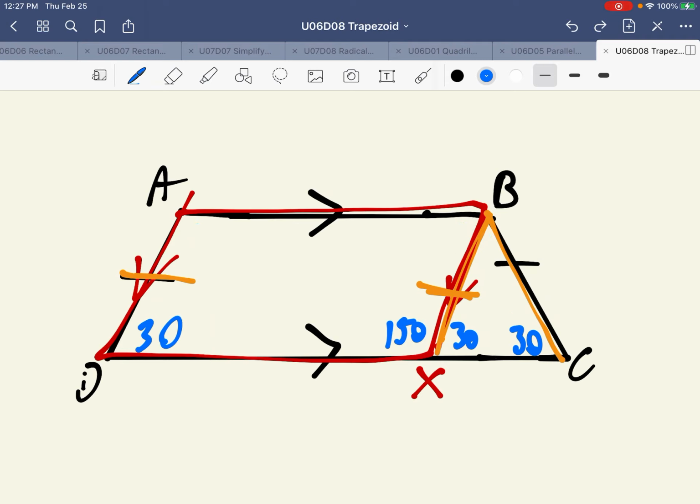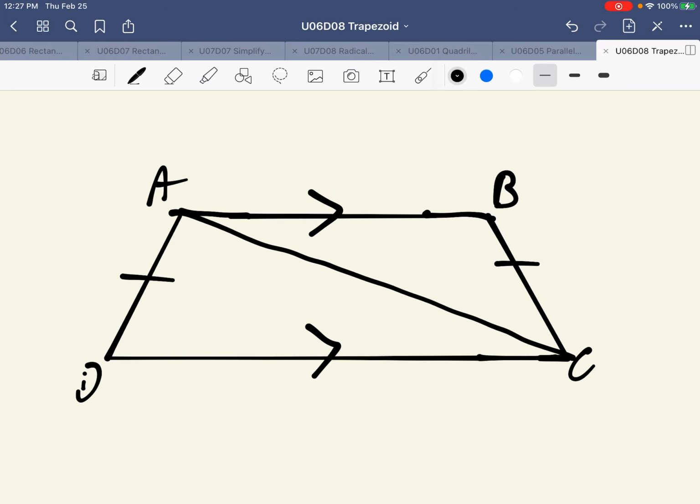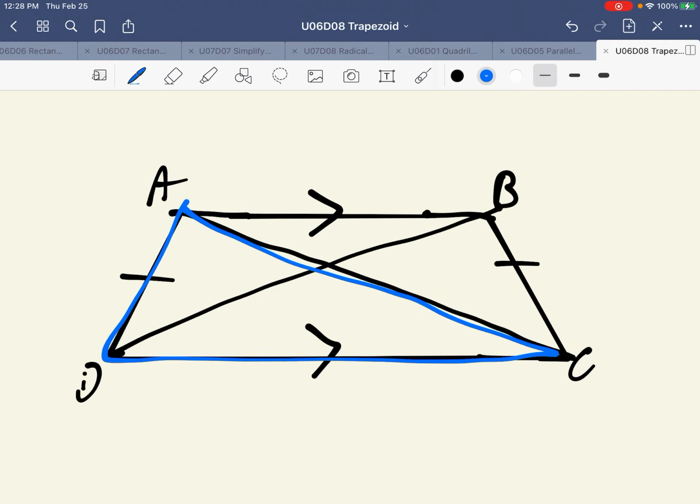One more thing that is true, and it's because of that fact, so we're just going to scroll back for a moment here. And the other thing we need to know is that the diagonals of an isosceles trapezoid are congruent. We're going to prove that now. We're going to prove that triangle ACD is congruent to triangle DBC.